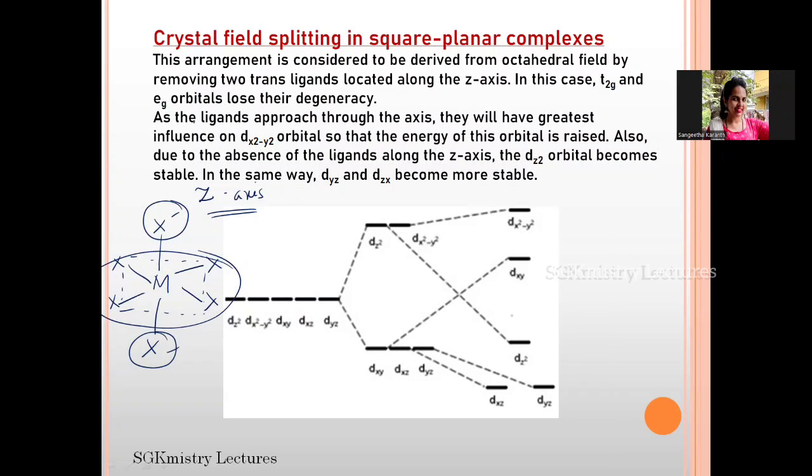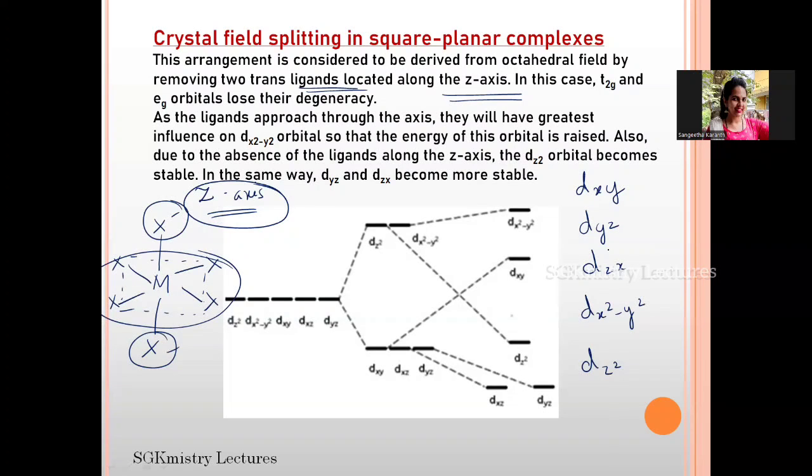So 2 trans ligands located along the z-axis are removed from an octahedral field to get the square planar complex. It is very simple to understand: along the z-axis, the ligands are removed. Among the 5 d orbitals, we know they are dxy, dyz, dzx, dx square minus y square, and dz square.